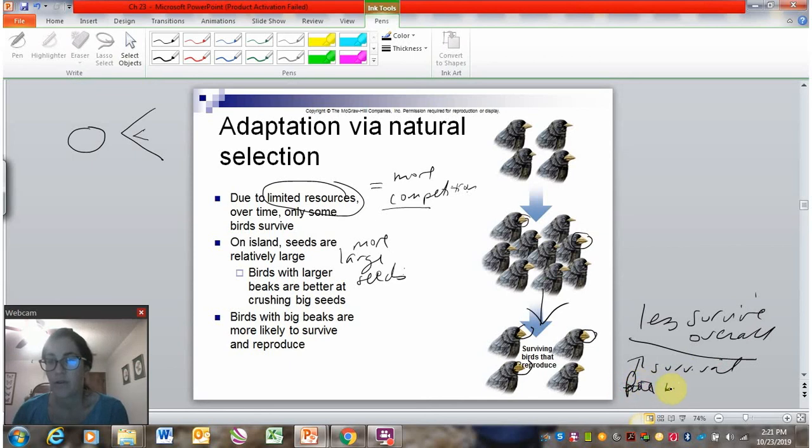So there's an increased survival rate for big-beaked birds. And because they survive longer, they reproduce more. Okay, so again, remember, more likely to survive and reproduce. So when there are more large seeds on the island, a big beak has greater fitness, to use our fitness term.